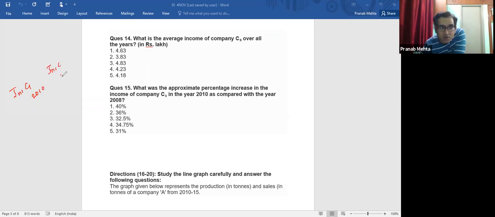Remember, we are comparing with 2008. So basically, the top part will be the difference. Why difference? Because they're talking about increase. Divided by income in year 2008 into 100. This is the first thing you should understand.